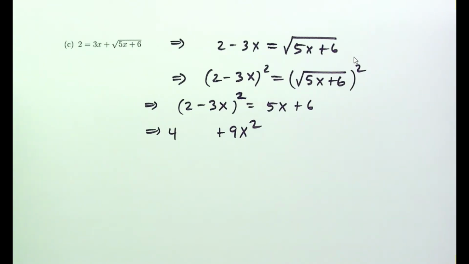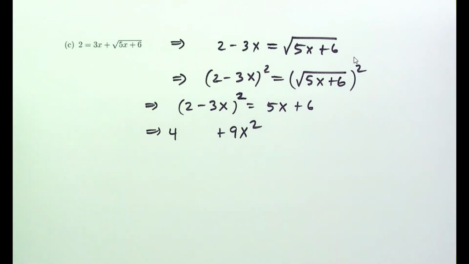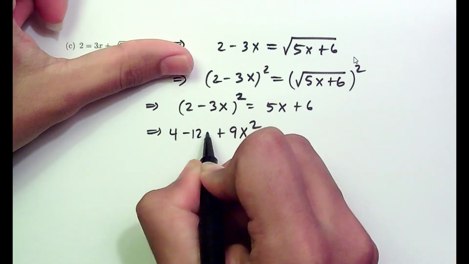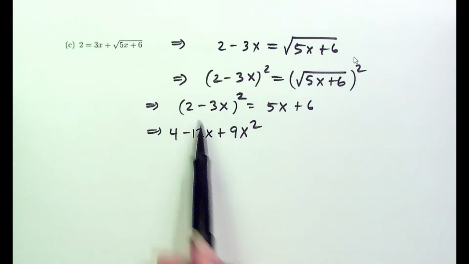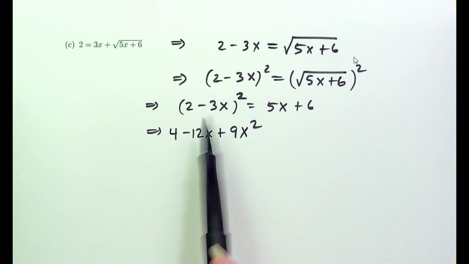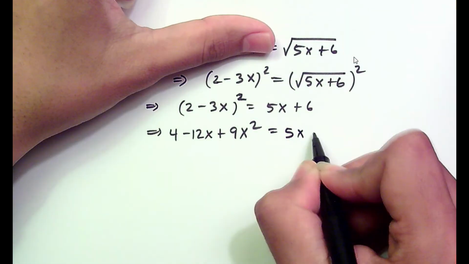And then there's a term in the middle, which is you multiply both of these, so negative 3x times 2 is negative 6x, and then you double that. So negative 6x doubled is negative 12x. All right, and then equals 5x plus 6.